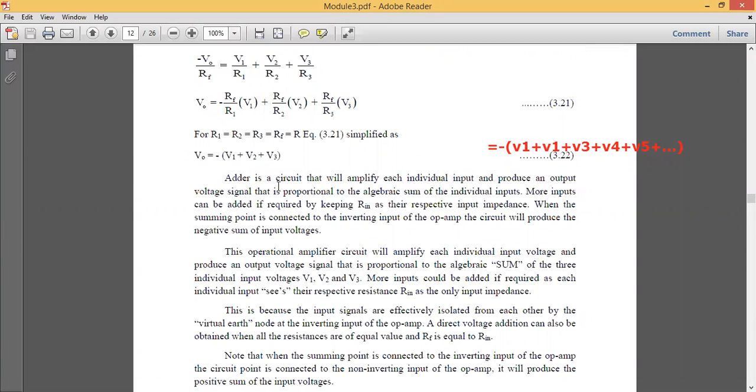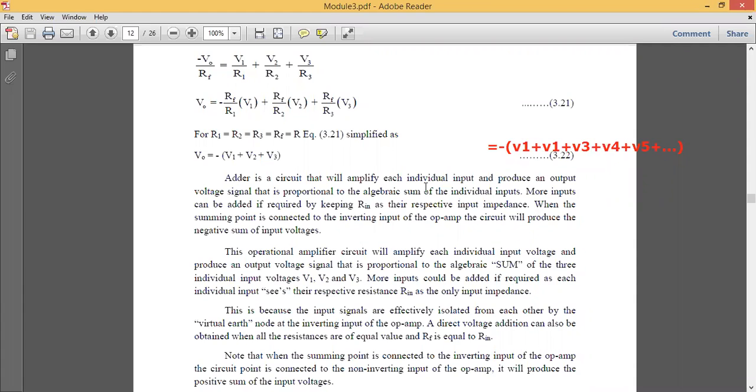An adder is a circuit that will amplify each individual input and produce an output voltage equal to or proportional to the algebraic sum of the individual inputs. So V1, V2, V3, V4, V5 are the individual input voltages.